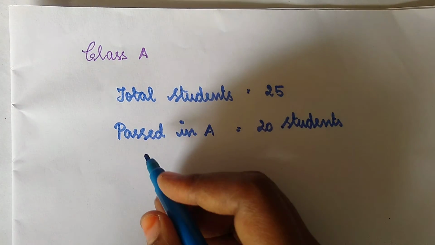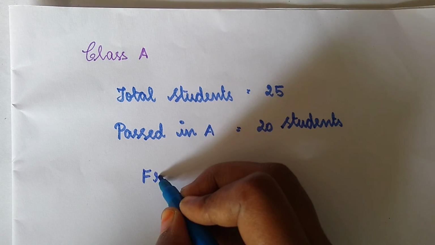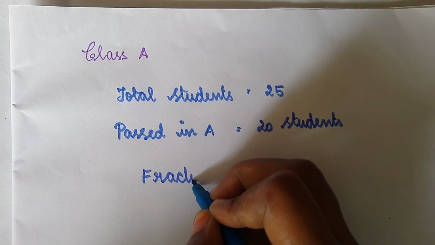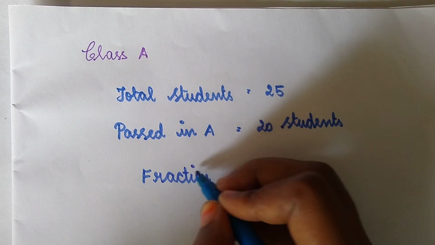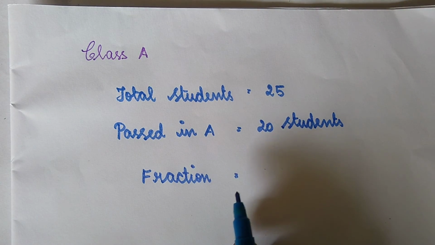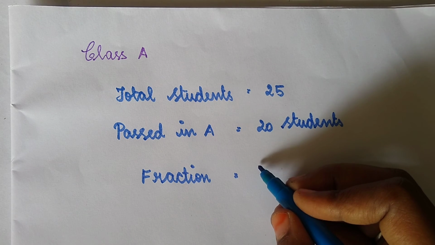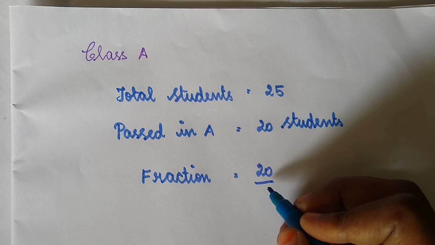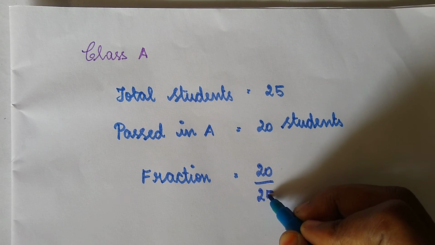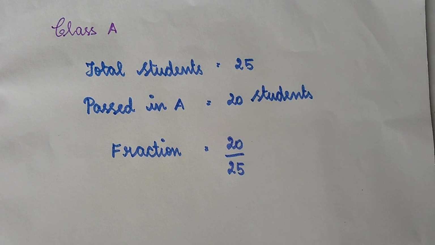So we have to write the fraction form. In class A, the fraction of students who passed in the first class: 20 out of 25. We have to cancel these two numbers by using the 5 table.